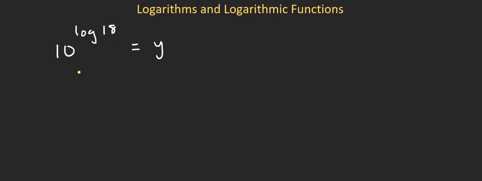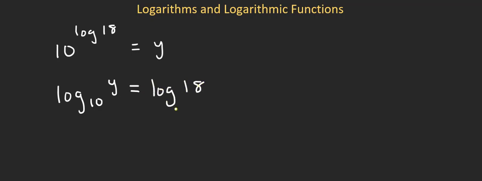So you could write it as log base 10 of y equals log of 18. But what is the invisible base right here? It's 10. It's a common logarithm. Now, in order for these to equal each other, what is the value of y? y has to be 18. That means this whole thing right here is equal to 18.